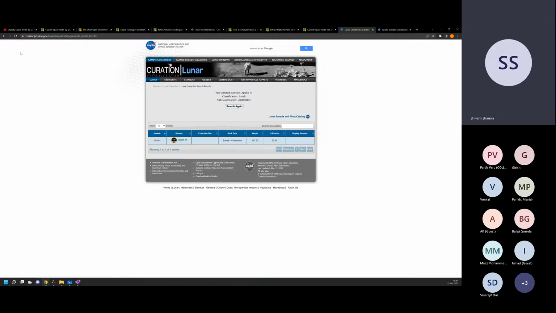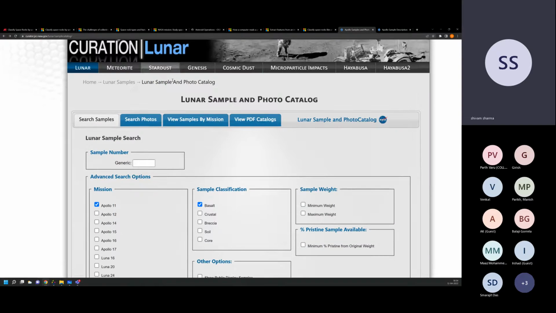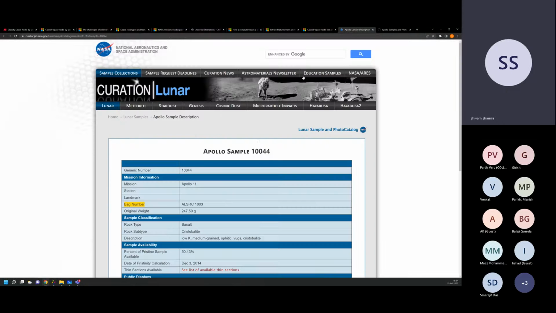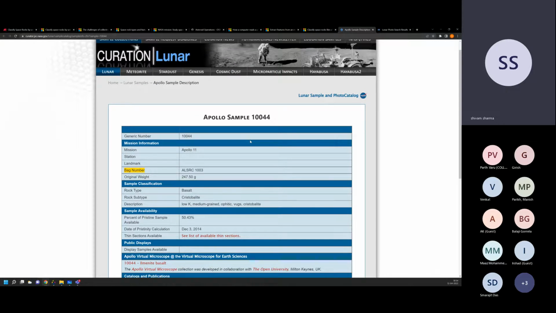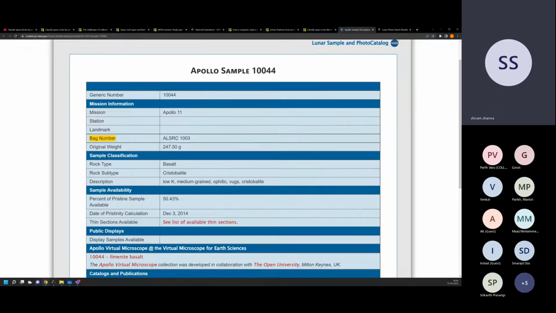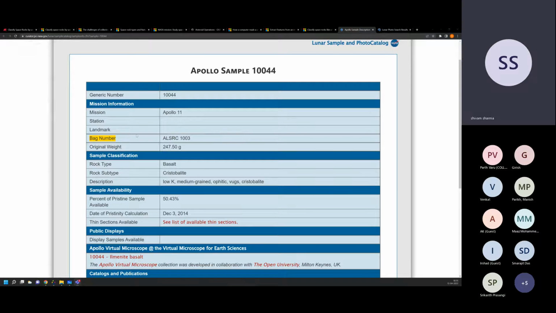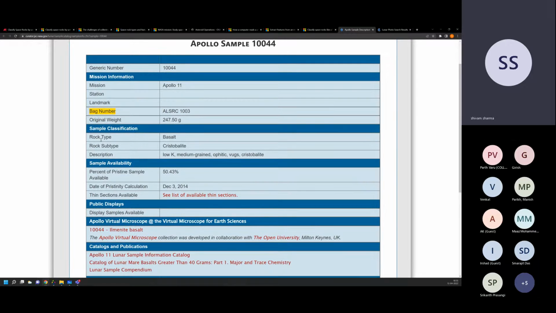Okay, so I'll show you one extra thing here. Once you do the search, it looks something like this. You will find all the labels accordingly. You will find all the features as well, and any metadata about this data: the mission, the bag number, when it was extracted, the origin, weight, and the type of rock.